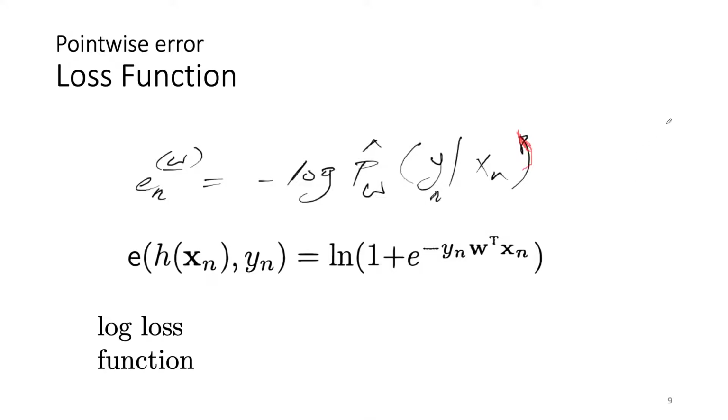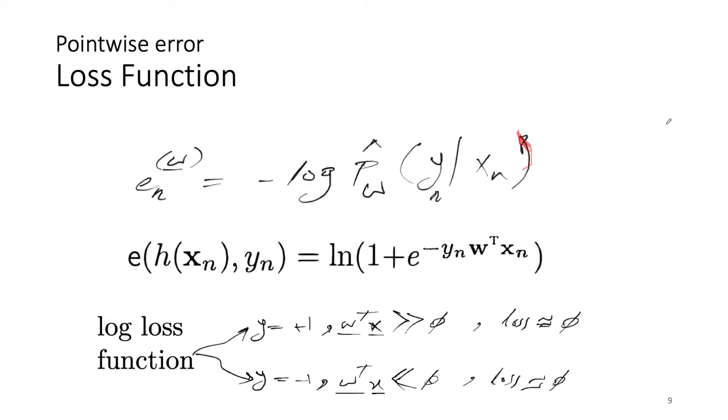Having this log loss function, we can interpret many things more easily, or in a different way. For instance, if the label y was +1, and the output of your w transpose x was way more than 0, then because of the way the sigmoid function outputs, your loss is very minimal.